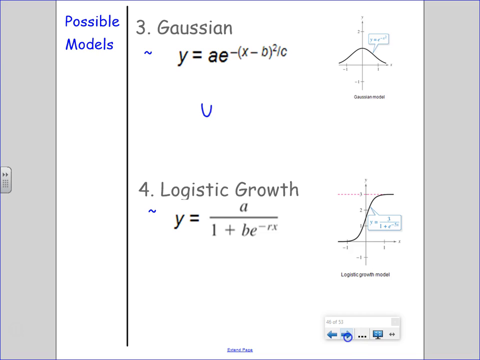So technically you could write it as a e to the negative x minus b squared all over c. That's what it's showing. Just when there's a division inside of a power, sometimes it gets a little complicated for actually typing it. So they shortcut the process. It's like all over c in the power. That helps.